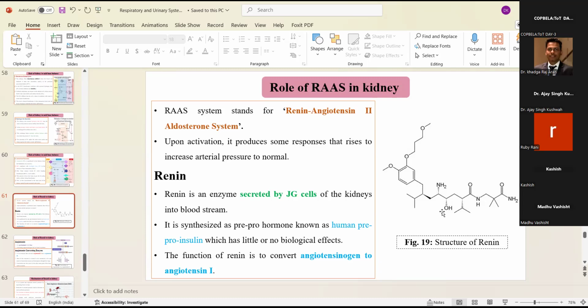What does this renin do? Renin helps in the synthesis of various hormones like pre-pro hormones, or pre-pro insulin. The pre-pro insulin has little biological effect in our body. And renin also helps in the conversion of angiotensinogen to angiotensin 1.